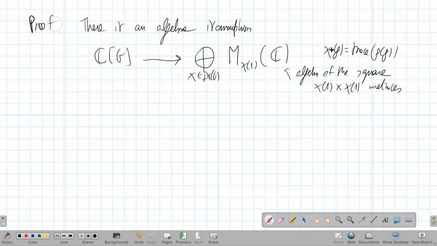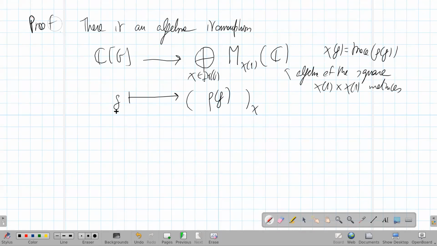So we have this algebra isomorphism, which is actually very simple, because it's enough to see what it does on G. This will be an n-tuple of sorts, indexed by the irreducible characters, and in the chi component you will find simply rho of g, an invertible matrix.